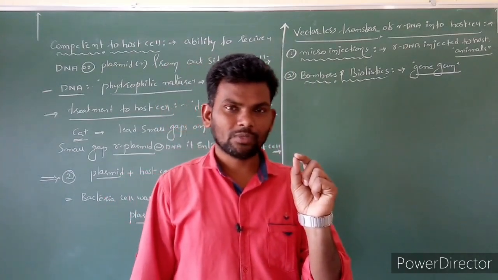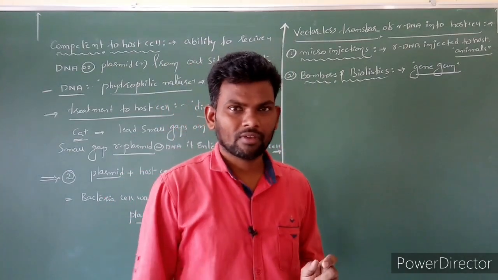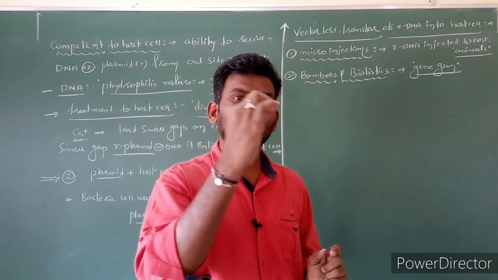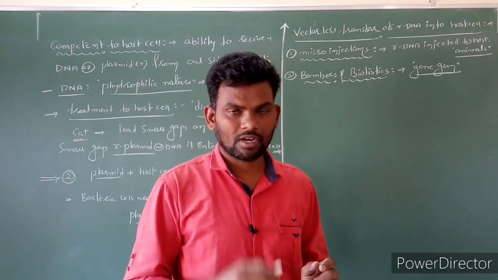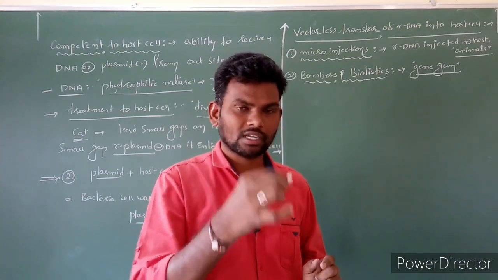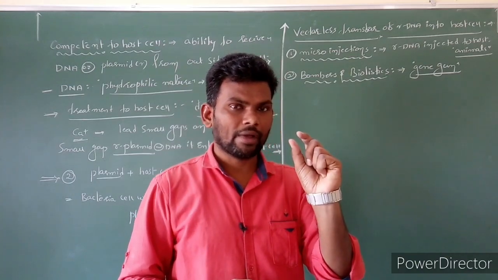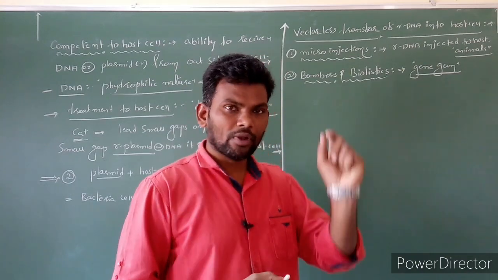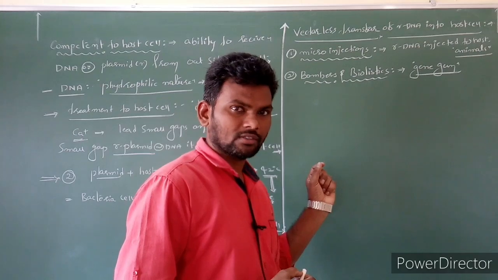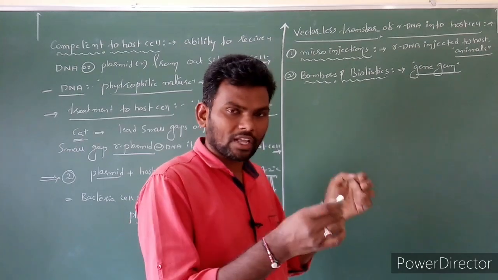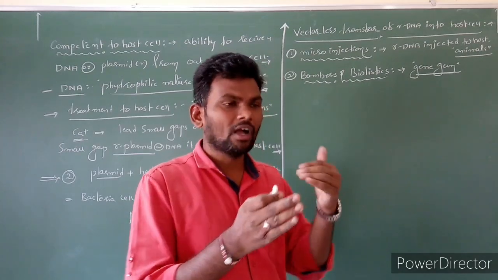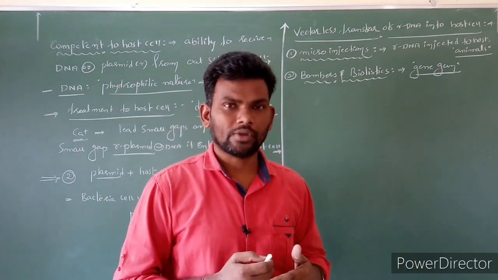The bullet is nothing but recombinant DNA, coated by gold or tungsten. Now this becomes the bullet. This bullet is inserted in the gene gun. By force we are breaking the cell wall of the plant and it enters near to the nucleus.